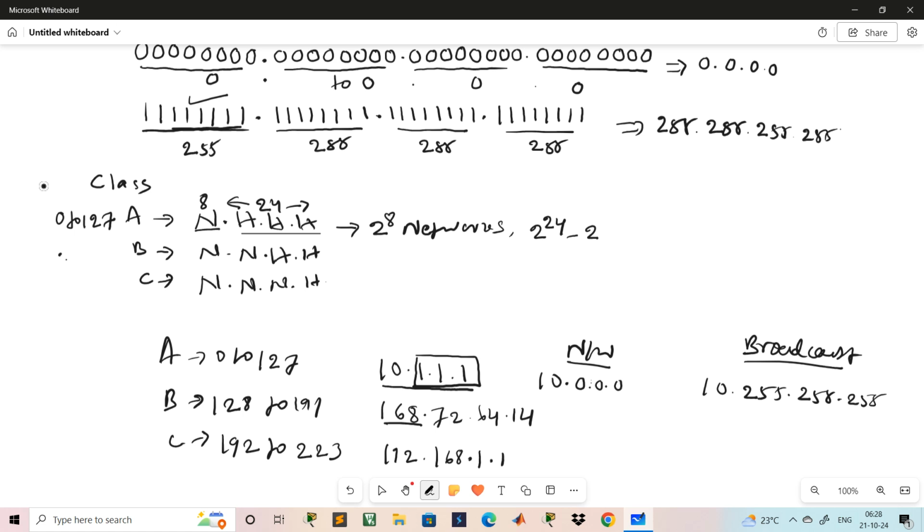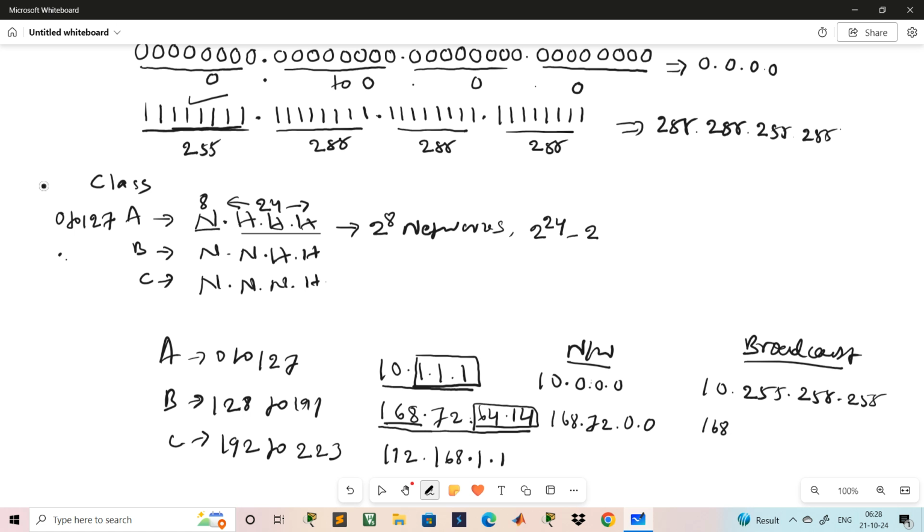Okay. And coming to class B IP, for this second IP 168.72.64.14, only the last 2 octets are reserved for the host. Just make them 0, 72.0.0.